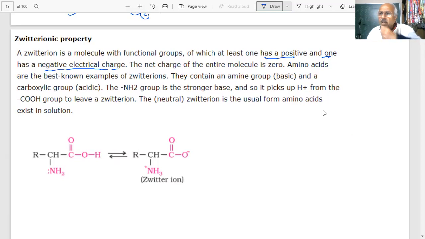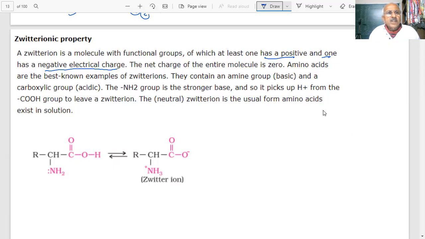Is there any molecule which has a charge when it is formed? No. But that doesn't mean there are no positive or negative charges within the molecule. There will be an equal number of positive and negative charges, right? So the entire molecule we are saying is zero charge.